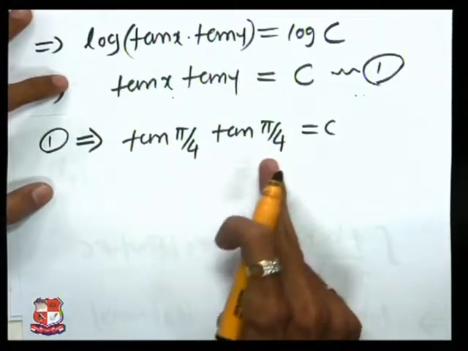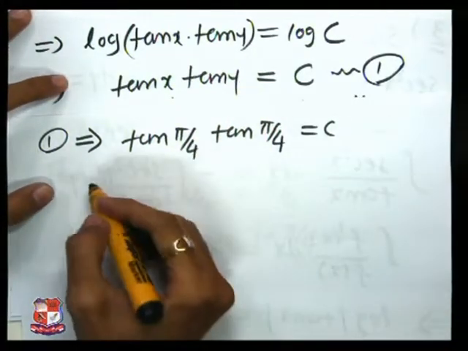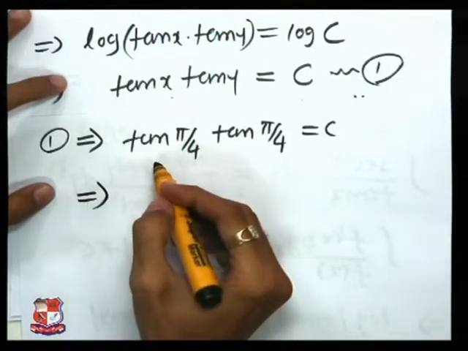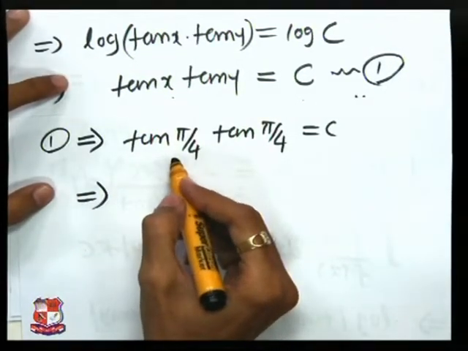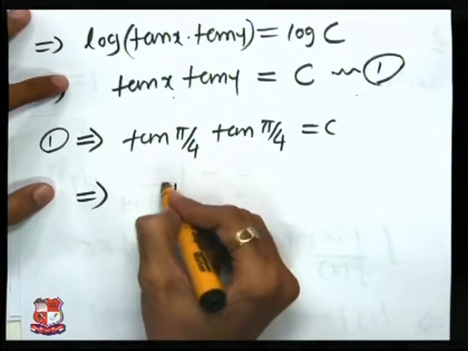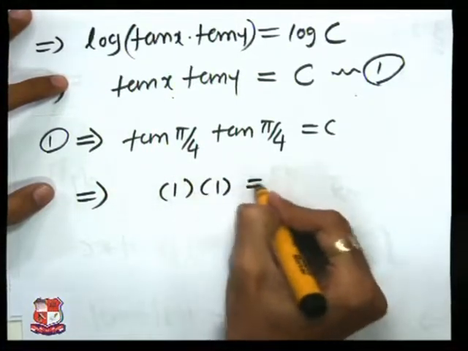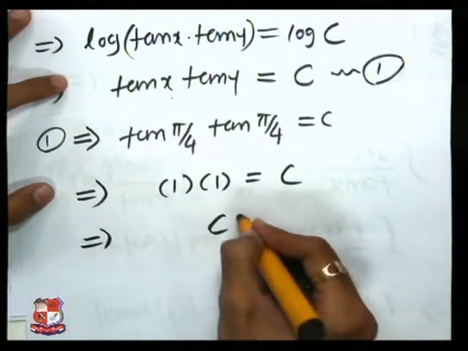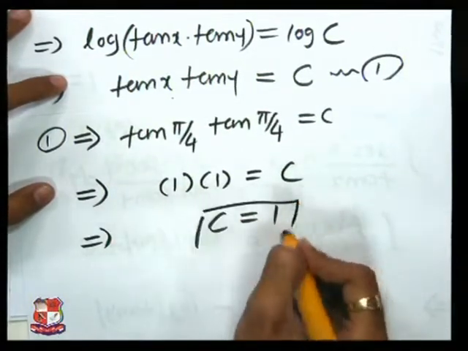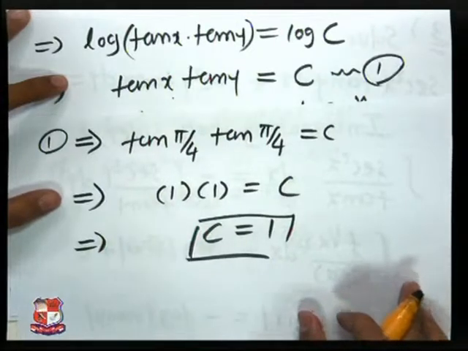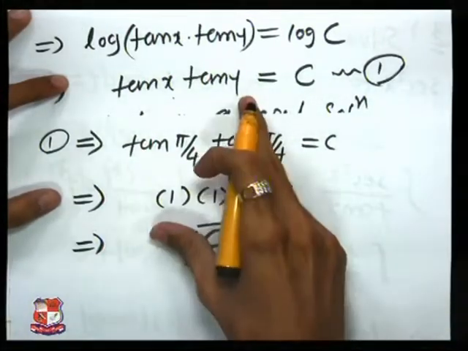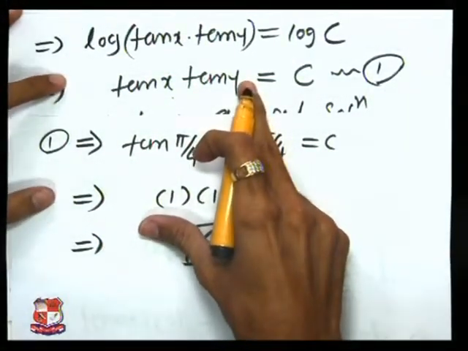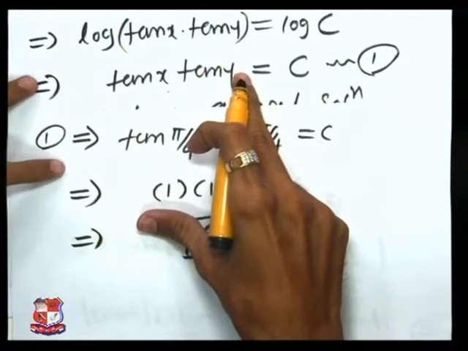tan pi by 4 into tan pi by 4 that is equal to c. We know that tan pi by 4 is equal to 1, so this is 1 into 1 is equal to c. So after all we will get c is equal to 1, and if we replace the value of c in our main general solution, then we will get the particular solution.